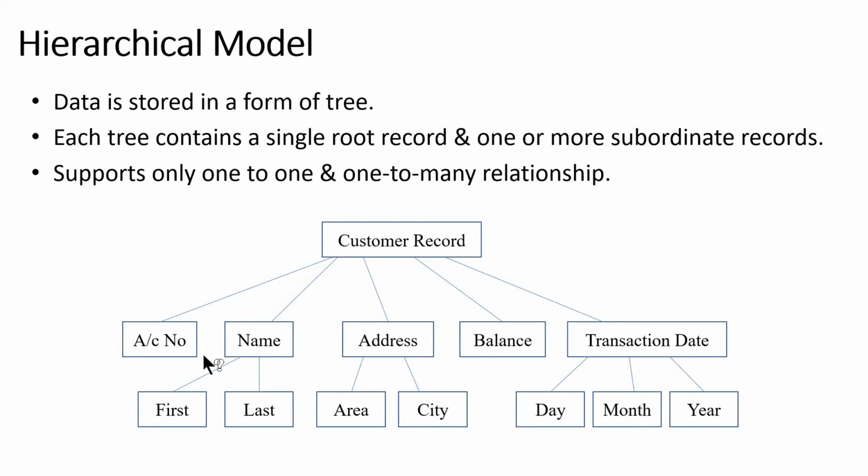Coming to the name, again we have the next level where we have first name, last name, and for address, area, city. For transaction date, again we have day, month and year. In this model, each tree will contain one single root record, and later it will have one or more subordinate records.